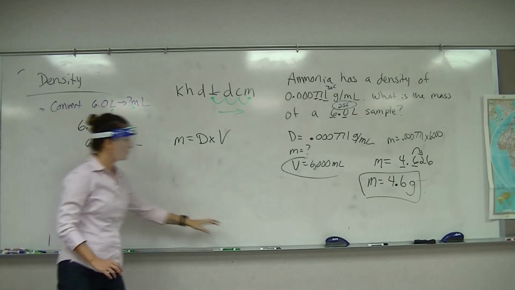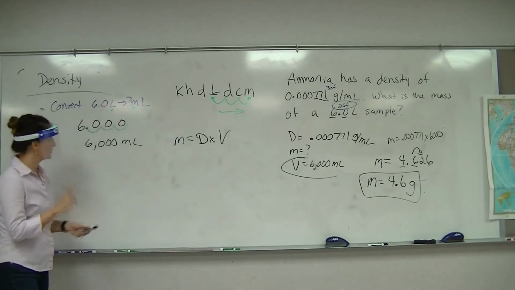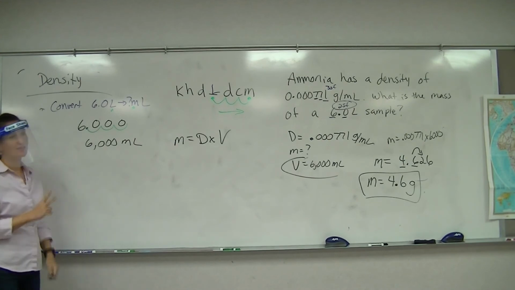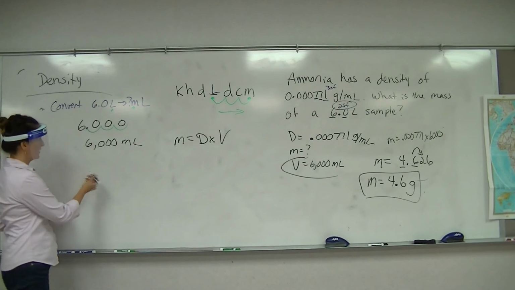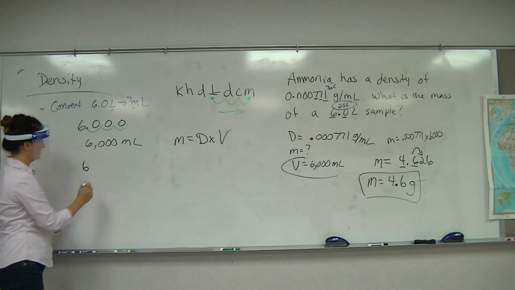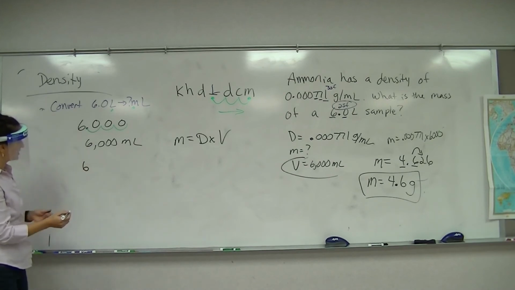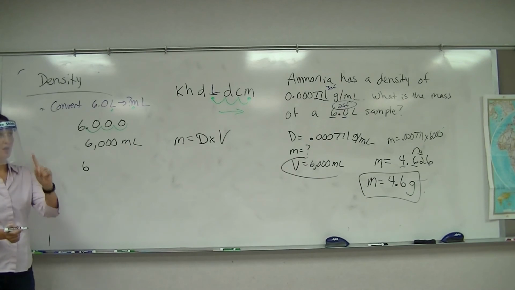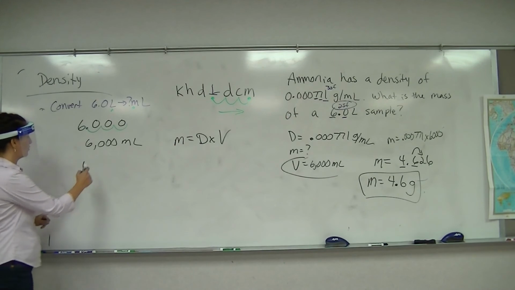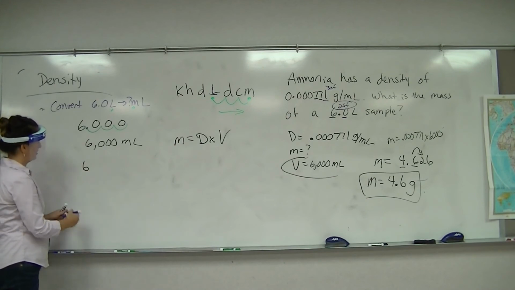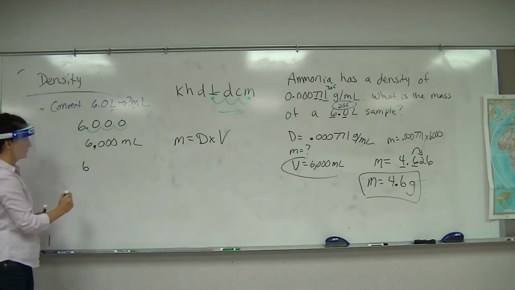The only way to represent this number with 2 significant figures is to put it in scientific notation. So let's convert it to scientific notation for practice. Scientific notation says you need 1 non-zero number to the left of the decimal, right? So my decimal would be between the 6 and the 0.